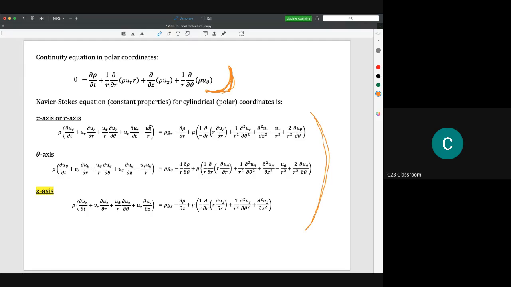For the Navier-Stokes equation, we have three axes. One is the Navier-Stokes in the x-axis or r-axis, then we have the theta axis, and then the z-axis. The most important thing here is you should know which axis can be used in that situation.